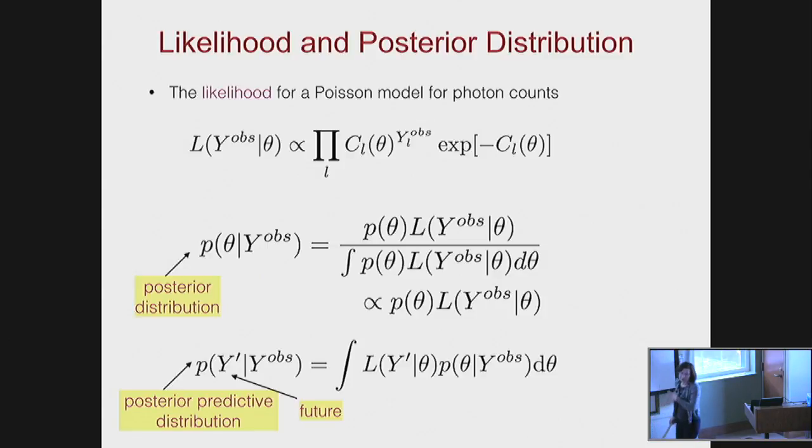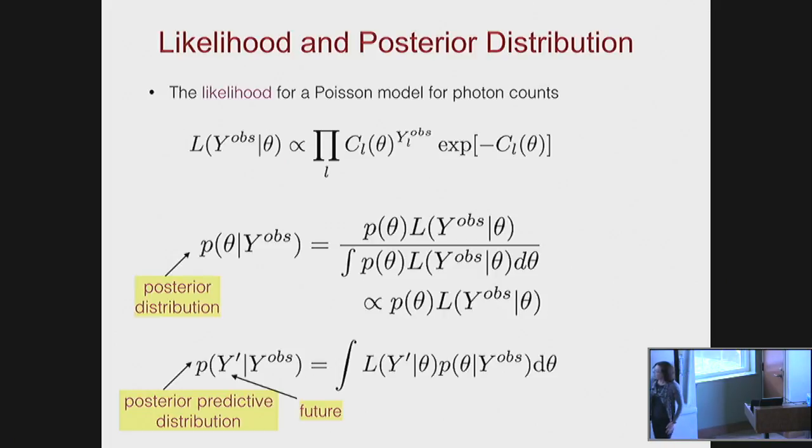So theta could be the slope of a power law, the temperature of a black body, or the plasma temperature, anything which describes your source. In the case of a corona, it could be non-thermal emission, anything. And then we have the Bayes equation again, and what we have here is the posterior distribution, for which we use the likelihood and the priors.